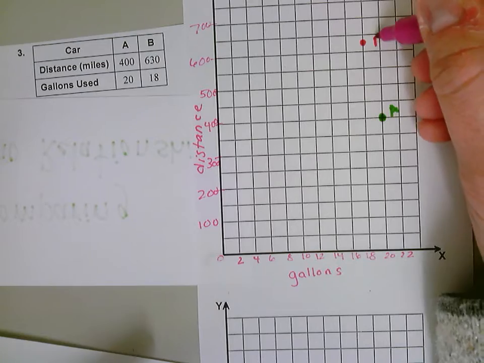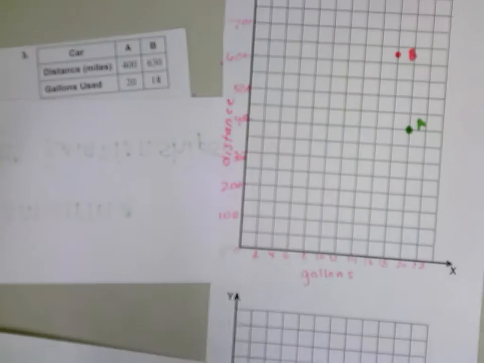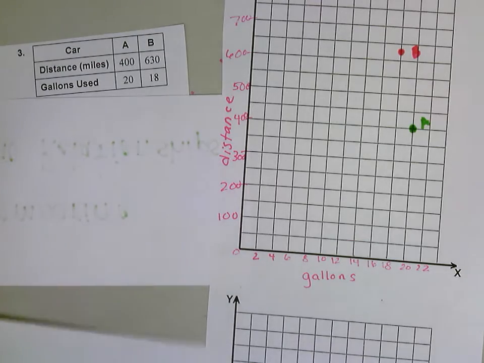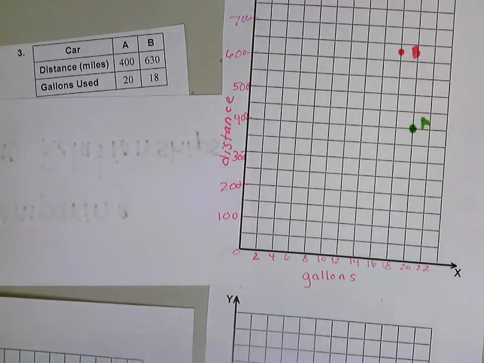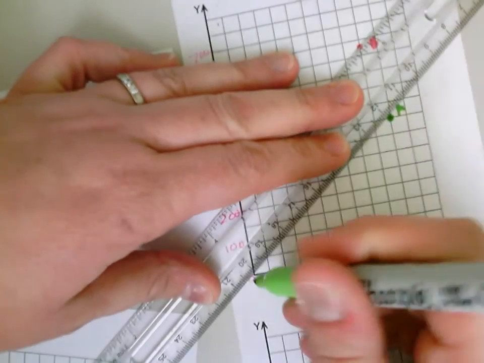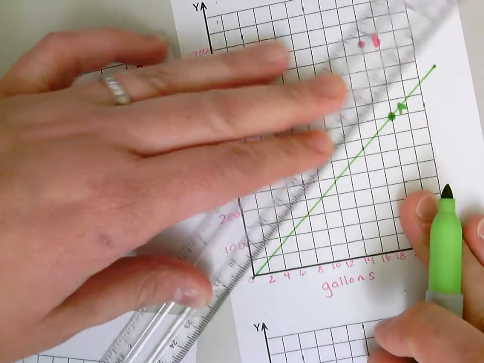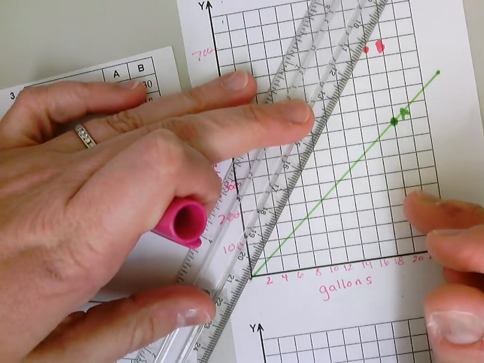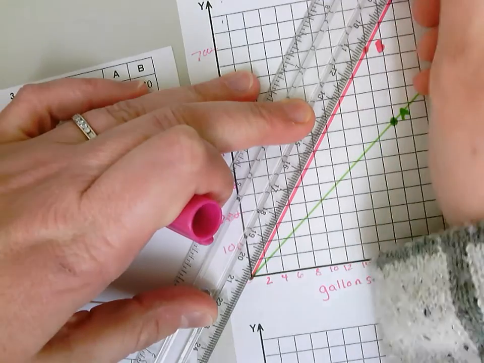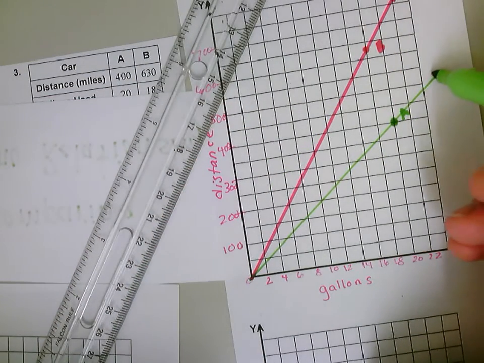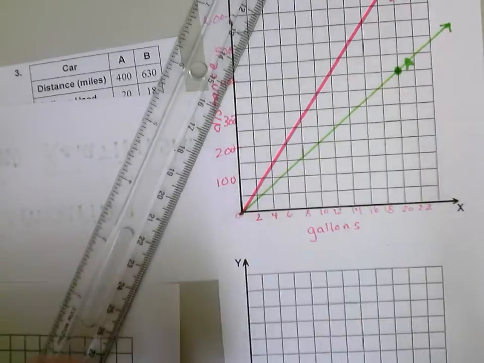Okay, that's car B. Now I'm going to take my ruler or my straight edge, and draw a line from the origin through my point. That's car A. This is car B. So taking a look at both of those lines, which car can go further on a gallon of gas?